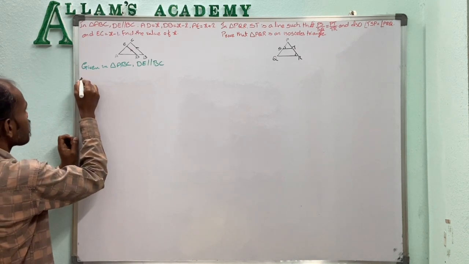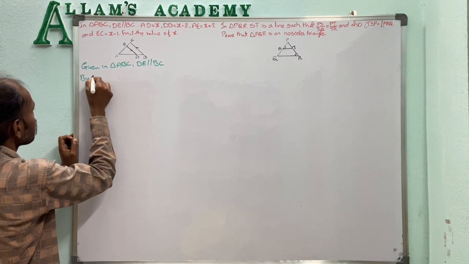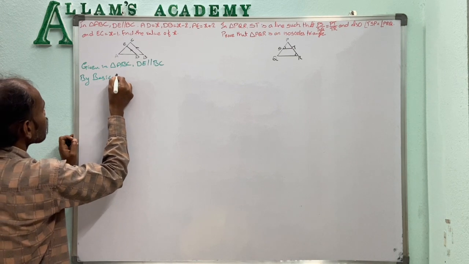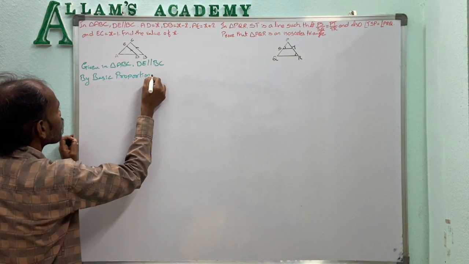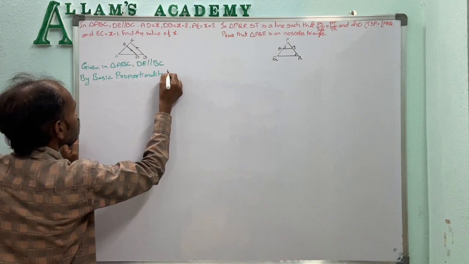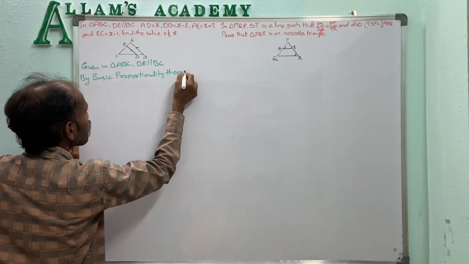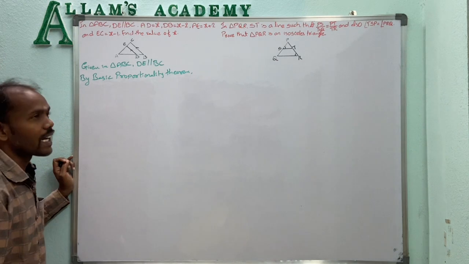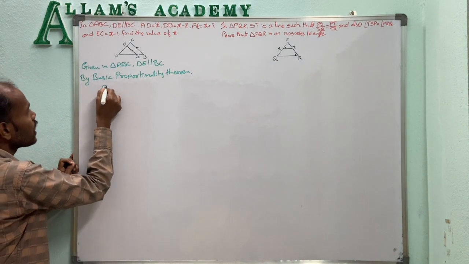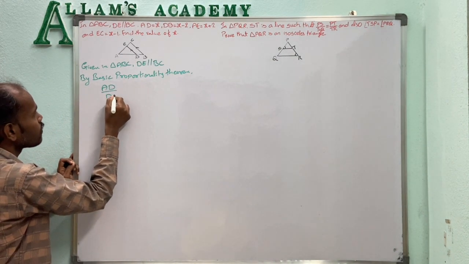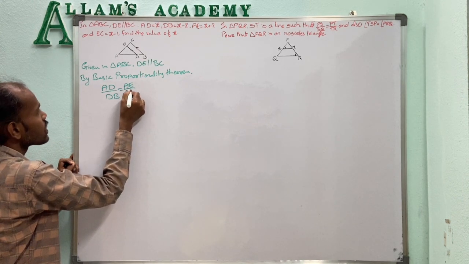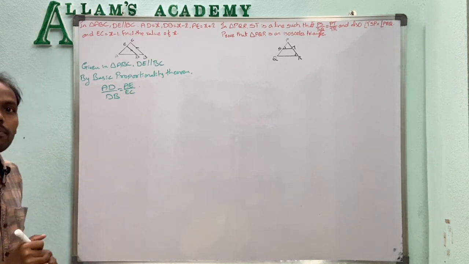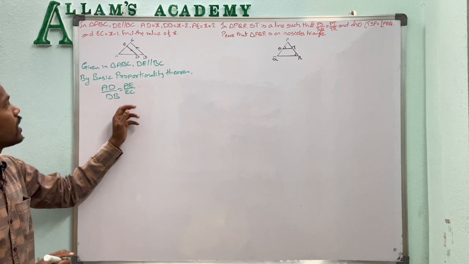So by basic proportionality theorem, we can write AD by DB equal to AE by EC. AD by DB equal to AE by EC.